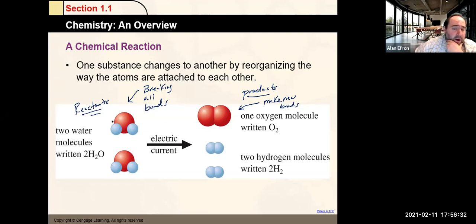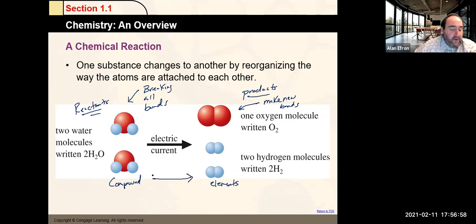Now, water, which is a compound, as we see here, can go through a chemical change, which is basically what we're doing here. The electrolysis of water: run an electrical current through water, and you will produce hydrogen gas and oxygen gas in this particular case. And these are elements, right, on this side. So that's H2 and O2 on this side. And we do see that that can happen.